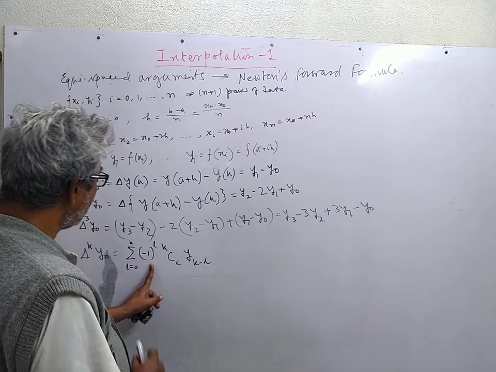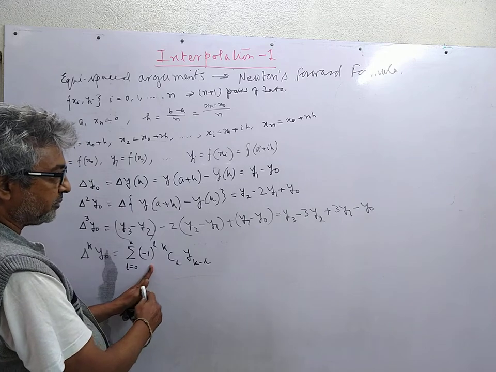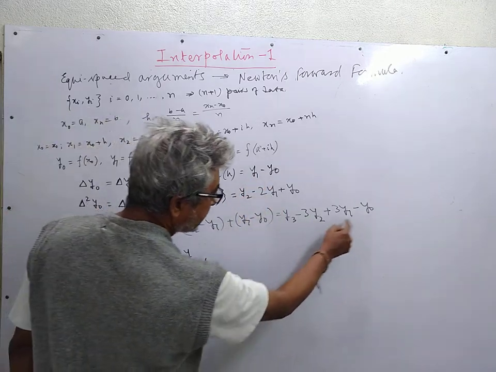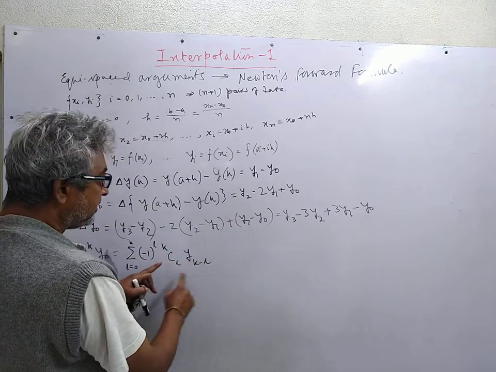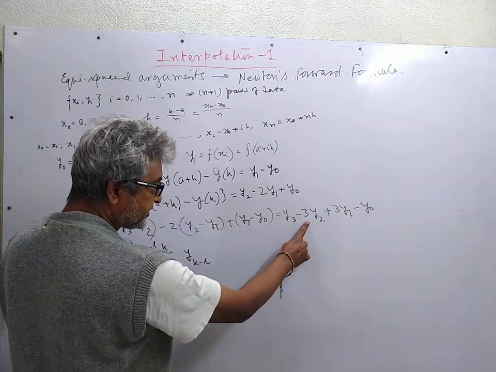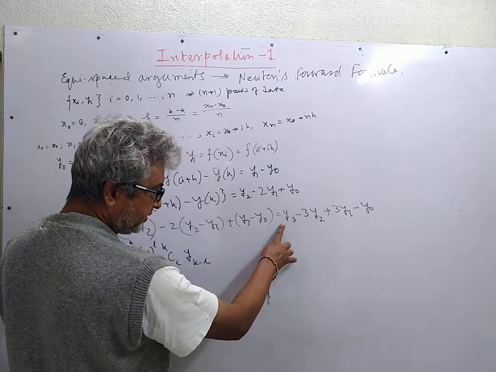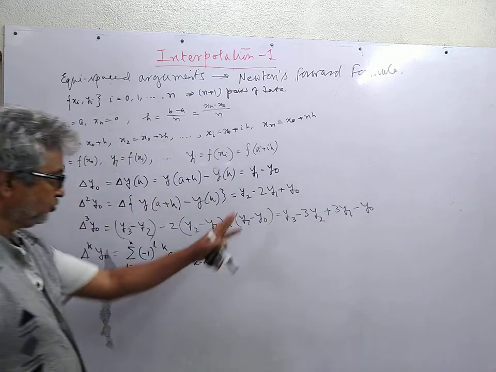For L equal to 0 it is positive, and alternately positive and negative signs appear. The sign changes alternately. Then the constants are 3C0, 3C1, 3C2, 3C3.